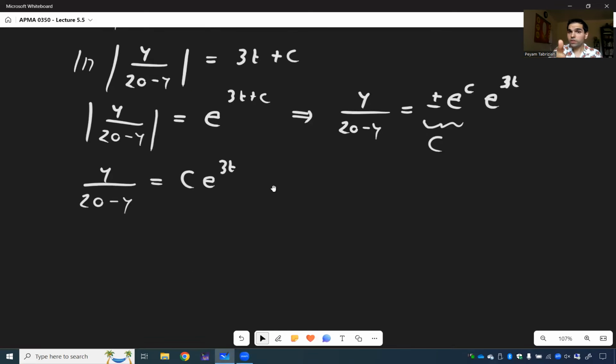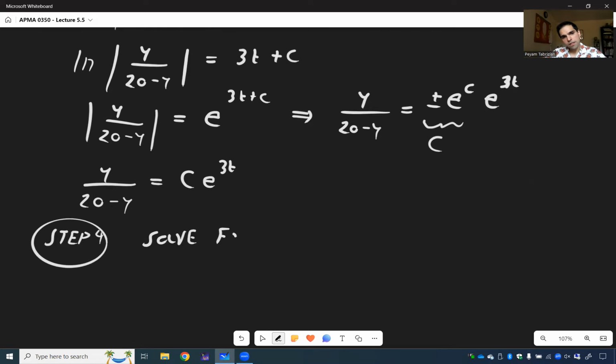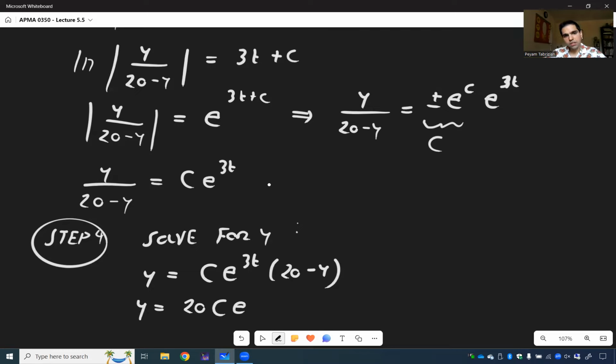Good. And it turns out what this gives you is an equation that you can solve for y. So solve for y. And here, let's cross multiply. So y equals c e to the 3t times 20 minus y. So y is 20c e to the 3t minus cy e to the 3t.